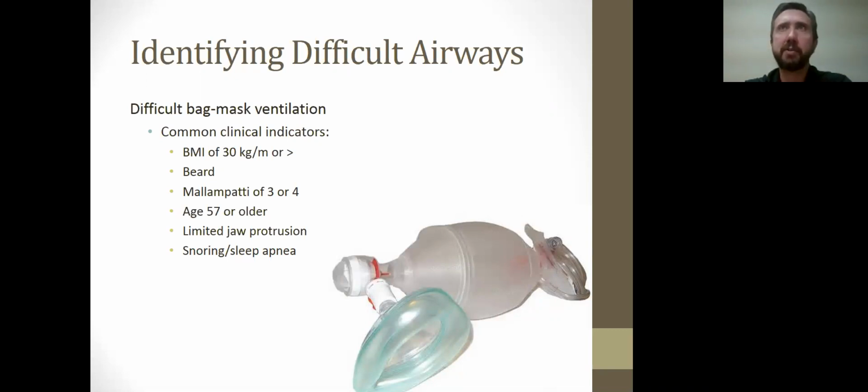BVM ventilation is the primary rescue ventilation technique used to prevent hypoxia after failed intubation attempts. So it's really essential to anticipate difficulties prior to the administration of neuromuscular blockades, because that may hinder and complicate our airway plan.